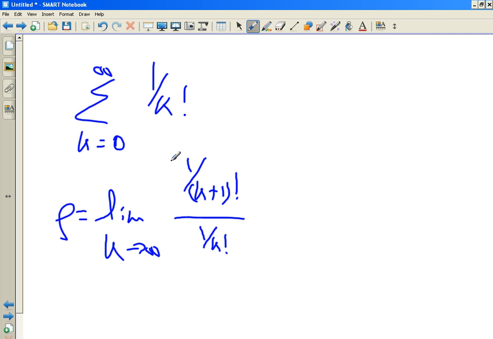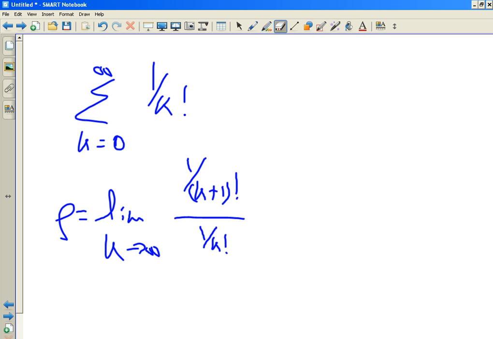When is a fraction less than 1? When the numerator is smaller than the denominator. So if we get a limit less than 1, that shows convergence, because for infinitely many terms, the next term is smaller than the previous term. That's why this works, okay?